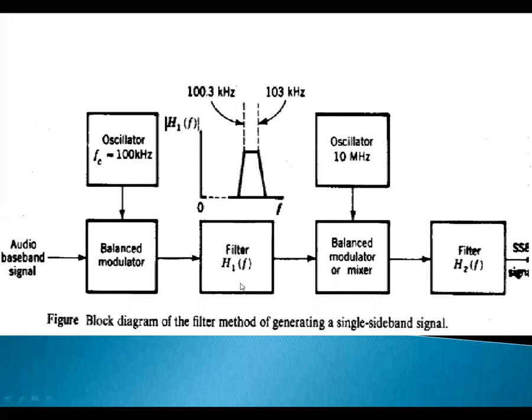The filter extracts one of the sidebands. The sidebands are 100 kHz plus 300 Hz, that is 100.3 kHz, and 100 kHz plus 3 kHz, that is 103 kHz. This band of signal is filtered out.